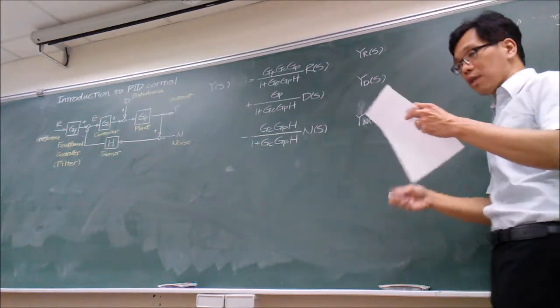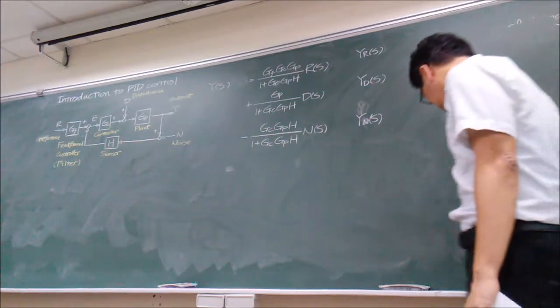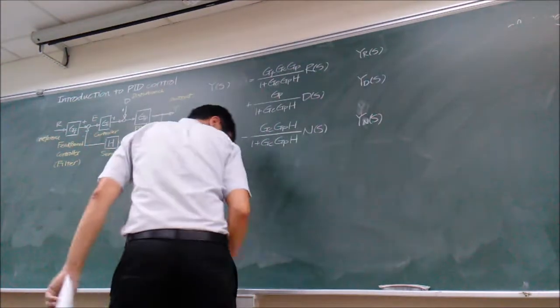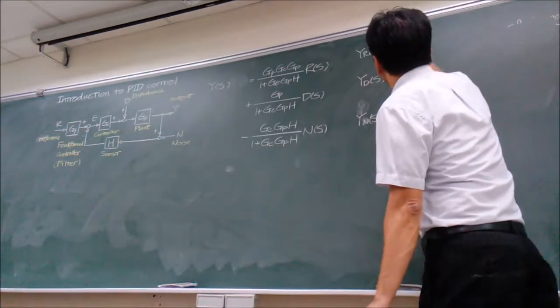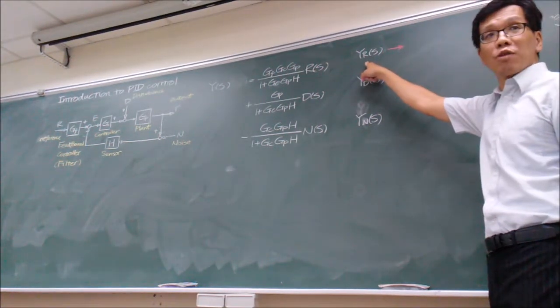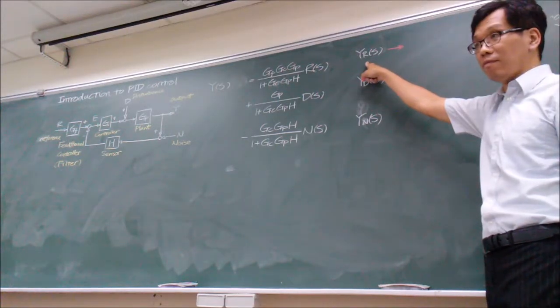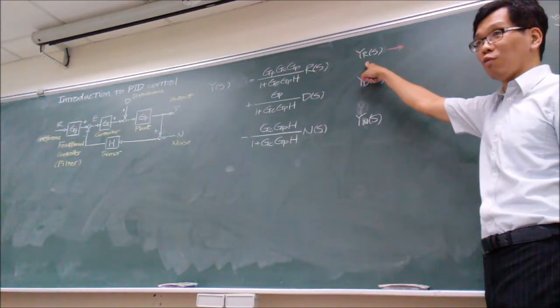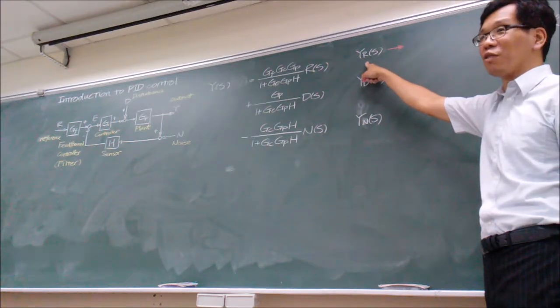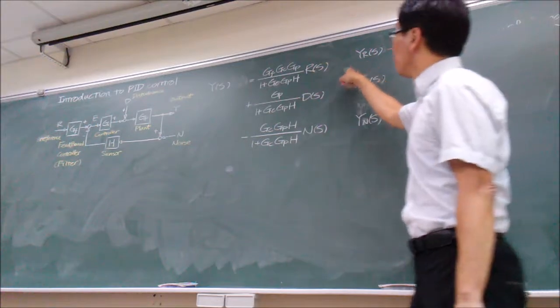So when you are designing your controller, what do you expect? This one, when time equals infinity, what should I have for this one? Equals to what? No, it's not here. It has nothing to do with final everything. Should be what?